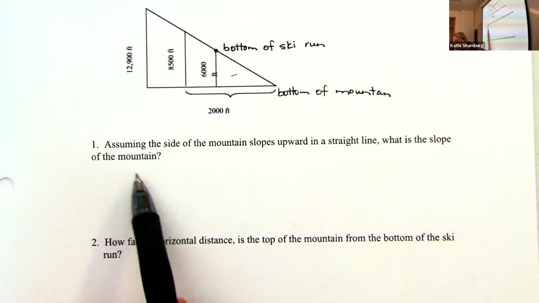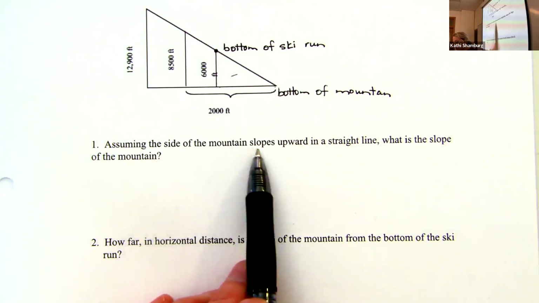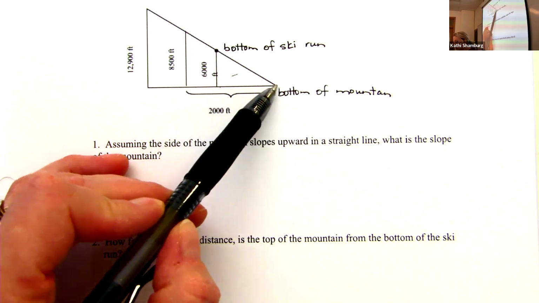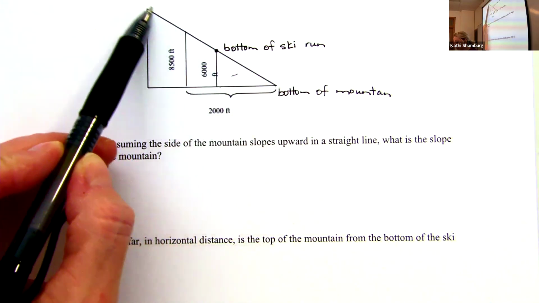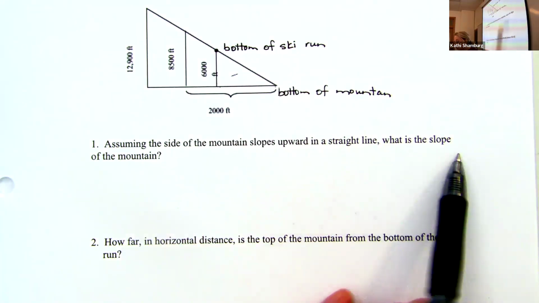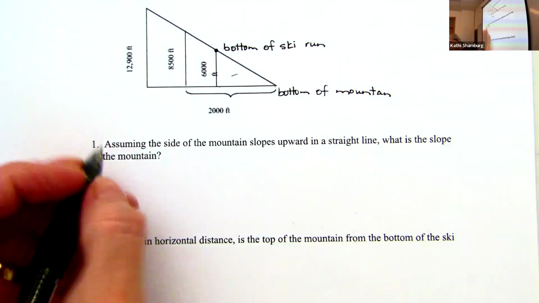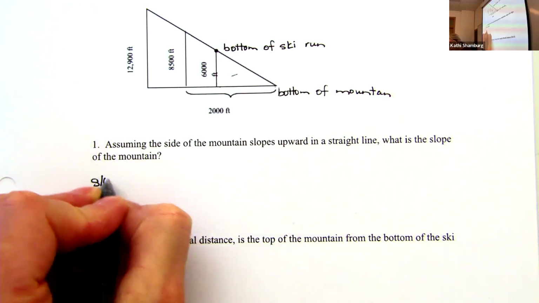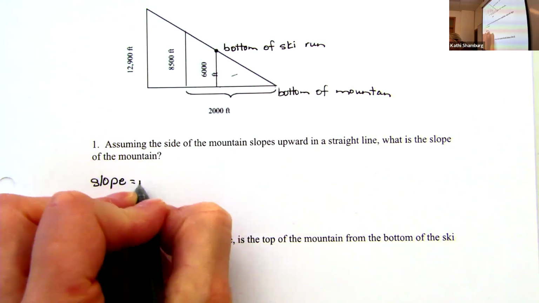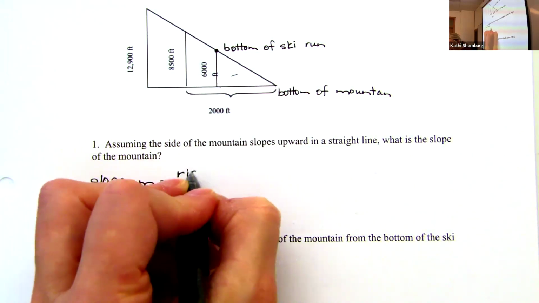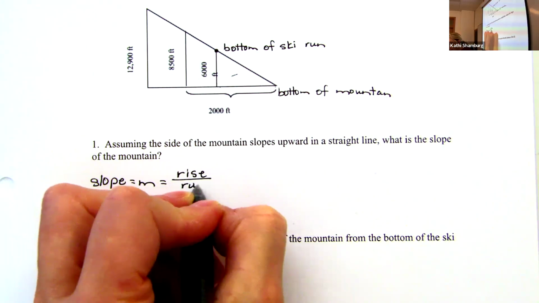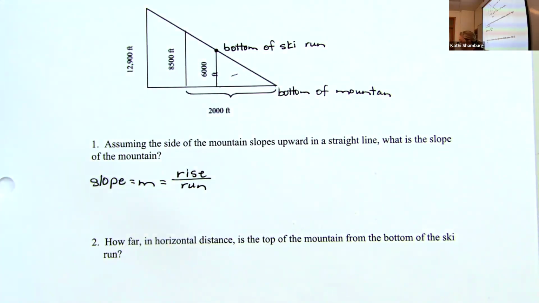This says assuming the side of the mountain slopes upward in a straight line. So here's the side of the mountain. What is the slope of the mountain? This is what you have to remember: slope, which we call M, is rise over run when we have a right triangle.